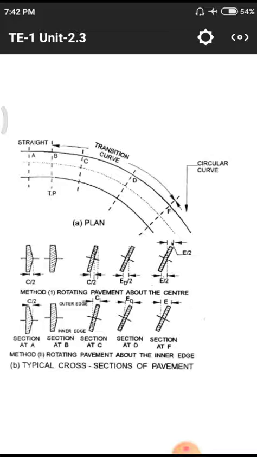First of all, we have a straight line up to point B. After that we have this transition curve, so the amount of road pavement increases gradually. In method one, at the bottom, we have rotating the pavement about the center. After that we have the cross section at A, section at B, section at D, section at F. Like that we have only 5 sections.